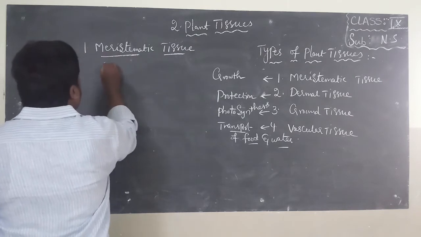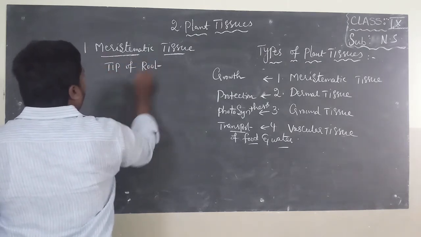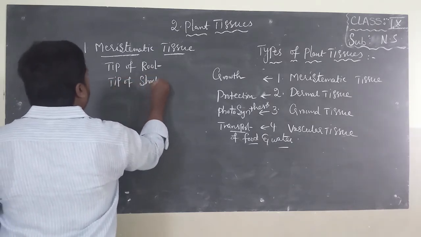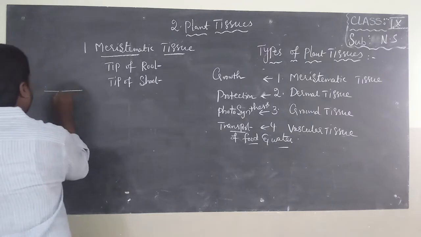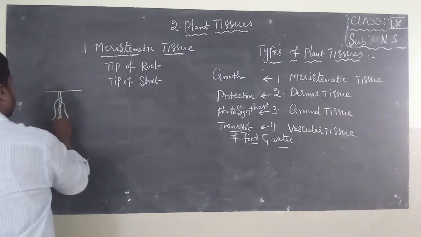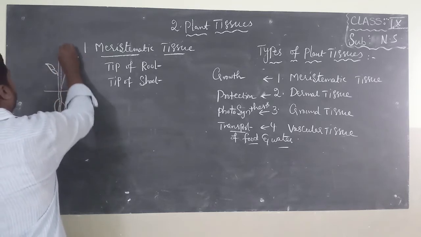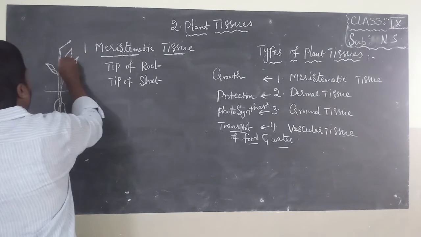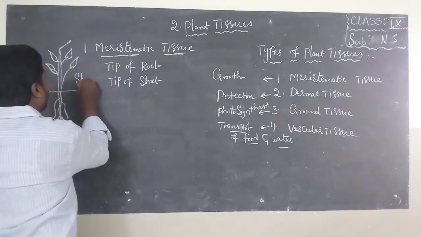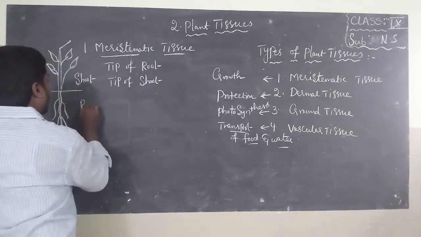Meristematic tissue is present in the tip of the root and the tip of the shoot. If you observe plants, see here, this is a plant, no? Each plant has two parts: outside of the soil, the shoot, and inside of the soil, the root.